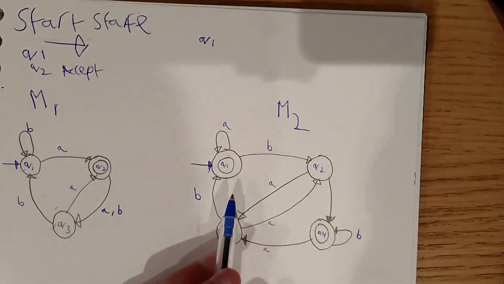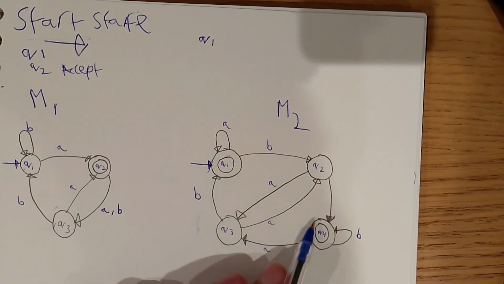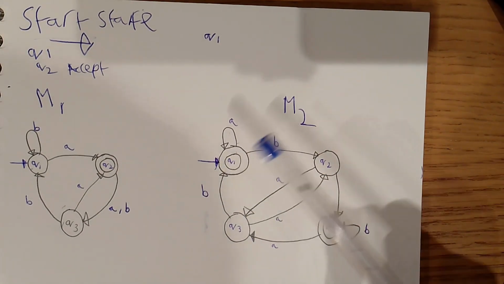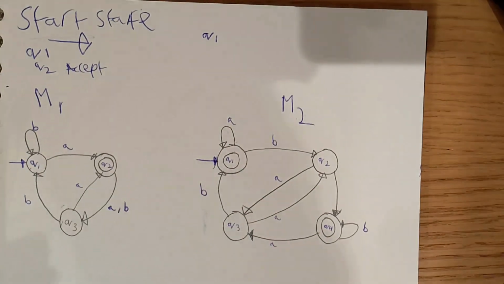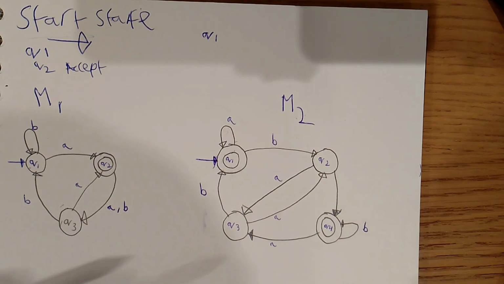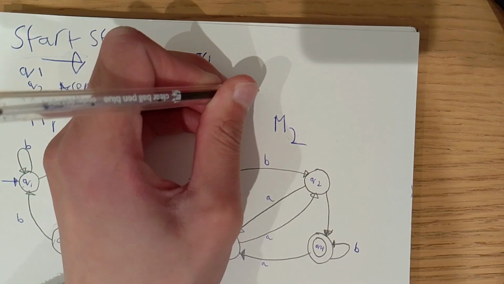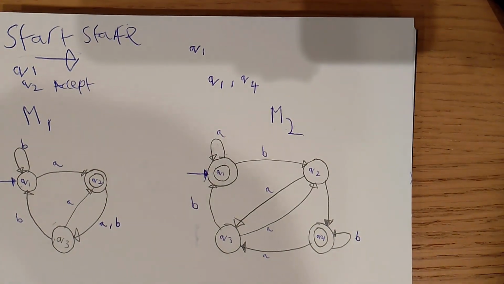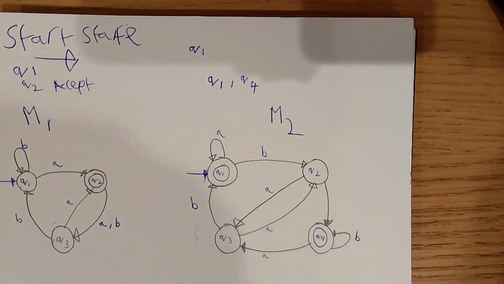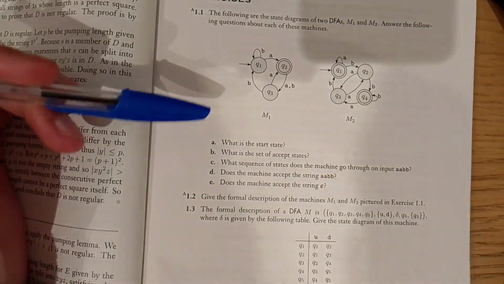But do you notice that in M2, there are two accept states, because of the target thing around them? In M2, the accept states are Q1 and Q4. We put a comma because it represents a list. So that's A and B done. We are doing very well with exercise 1.1.